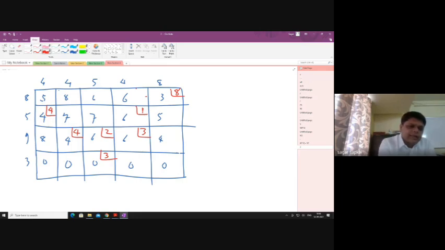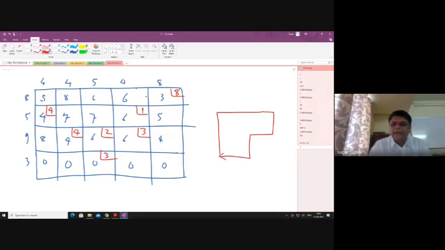Then you can go to 3 4, take a turn, then 3 3, take a turn, then 4 3, take a turn, and you can return back to the 4 1 cell. Am I right? If you allot delta to the 4 1 cell, it will form a closed loop, so it is not an independent position.